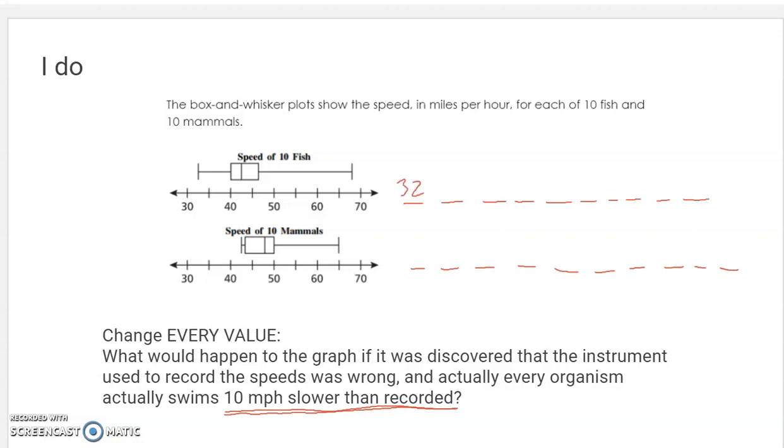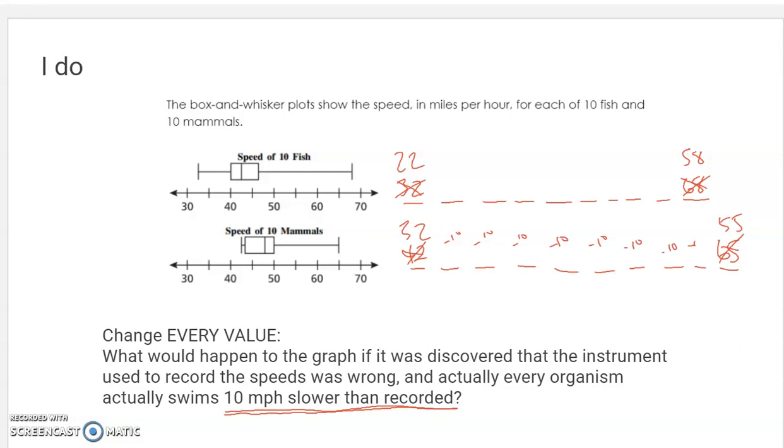We did like 32 to 68. We did like 42 to 65, something like that. If everything in the whole thing moved down by 10 because our instrument was broken, 58, 55, and same, all these, every single number subtracted by 10, what would happen to the graph?